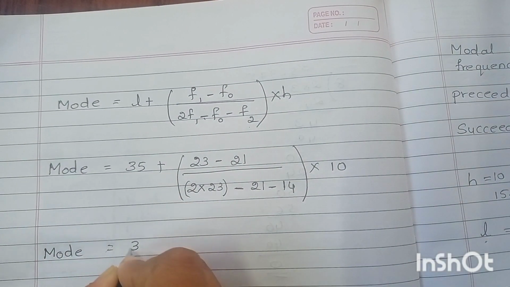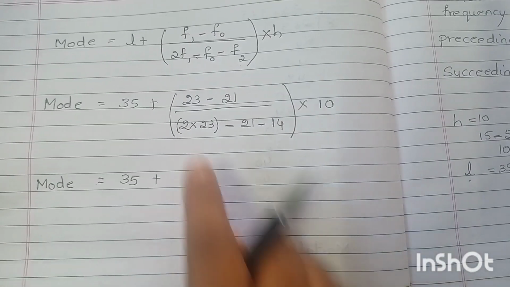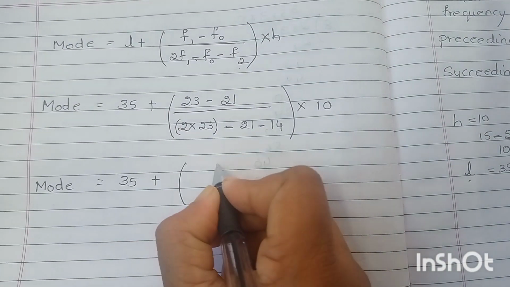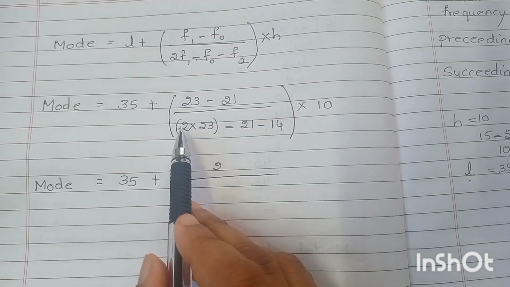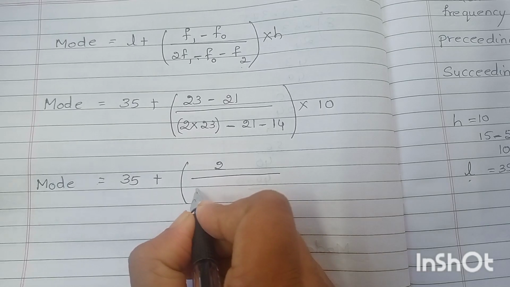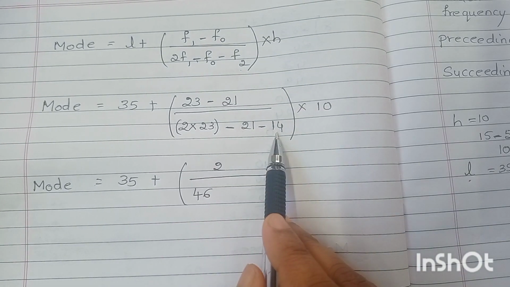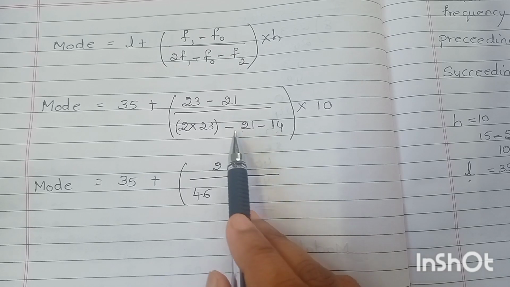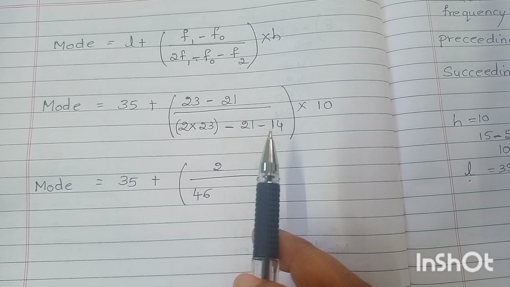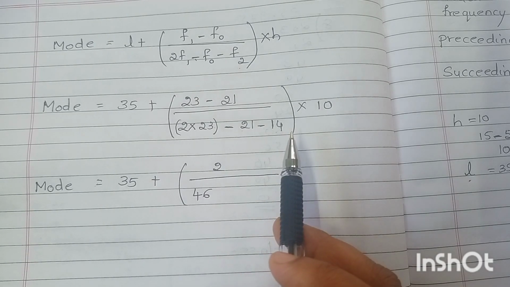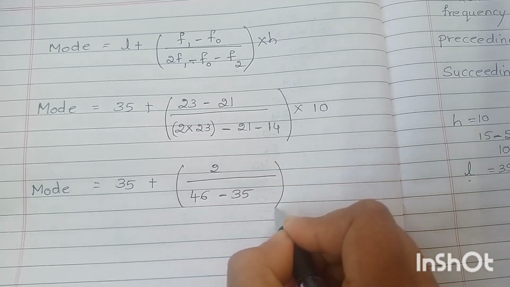Mode is equal to 35 plus 23 minus 21 is 2, divided by 2 into 23, which is 46. So minus 21 minus 14. When it is minus minus, we have to add and keep the symbol minus itself. That is minus 35. Into 10.